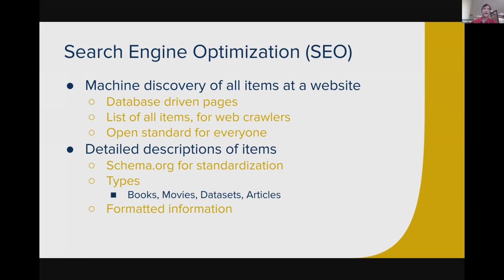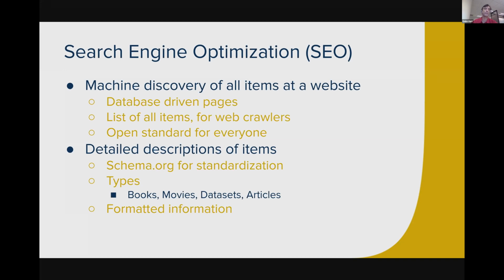And by doing it actively this way, you can get a list of all of the items directly to web crawlers to say, these are in particular the items that I want you to index. And so you have more control over that. And it's not particular to one search engine, it's an open standard. It should be available to everyone.